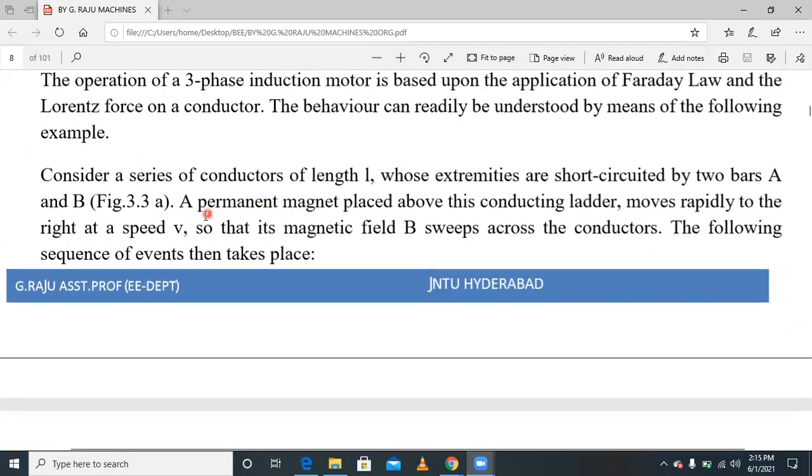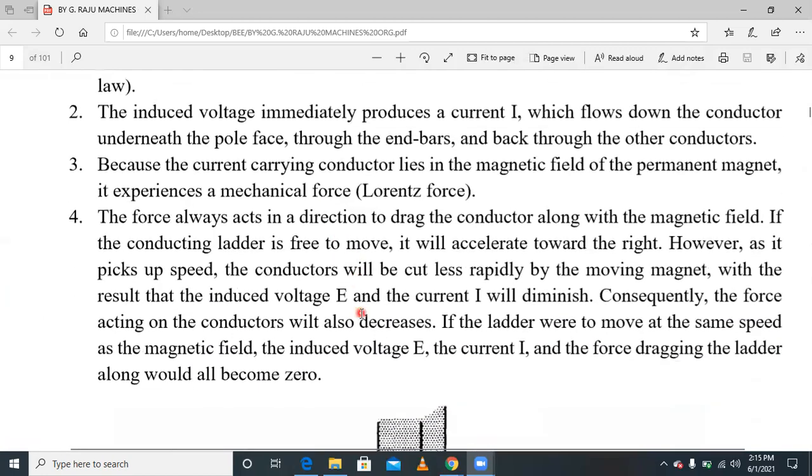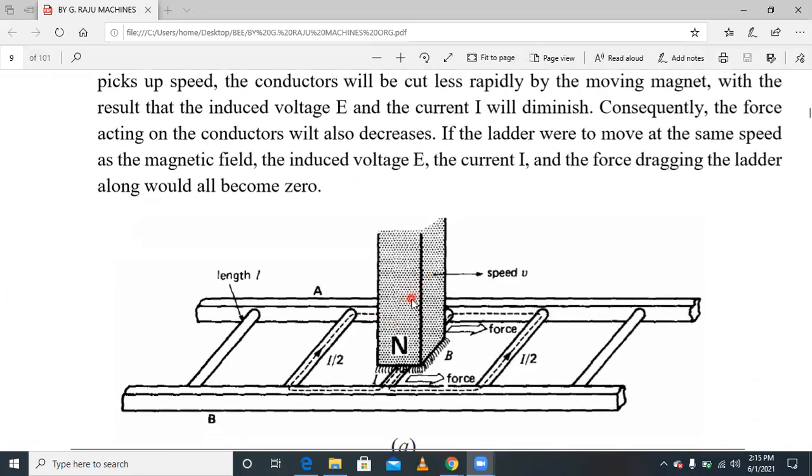A permanent magnet is placed above the conducting ladder and is moving in this direction, over the ladder.